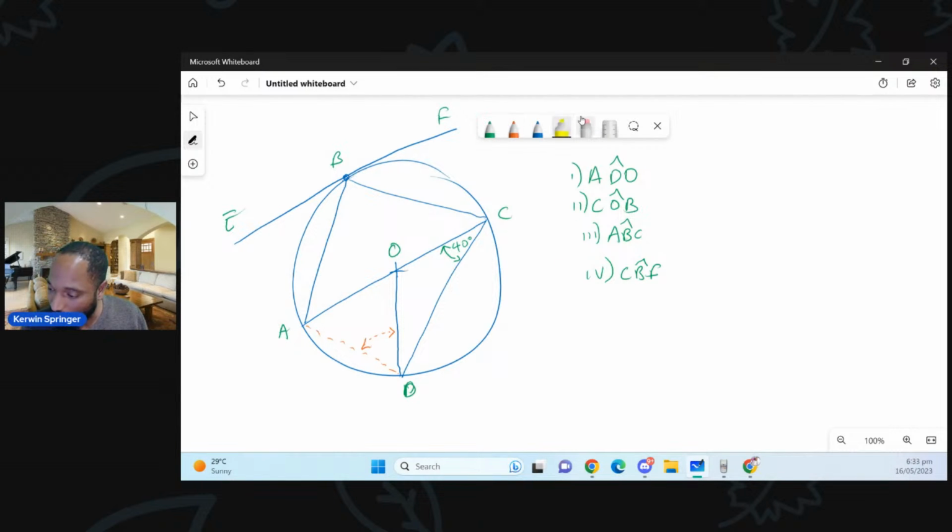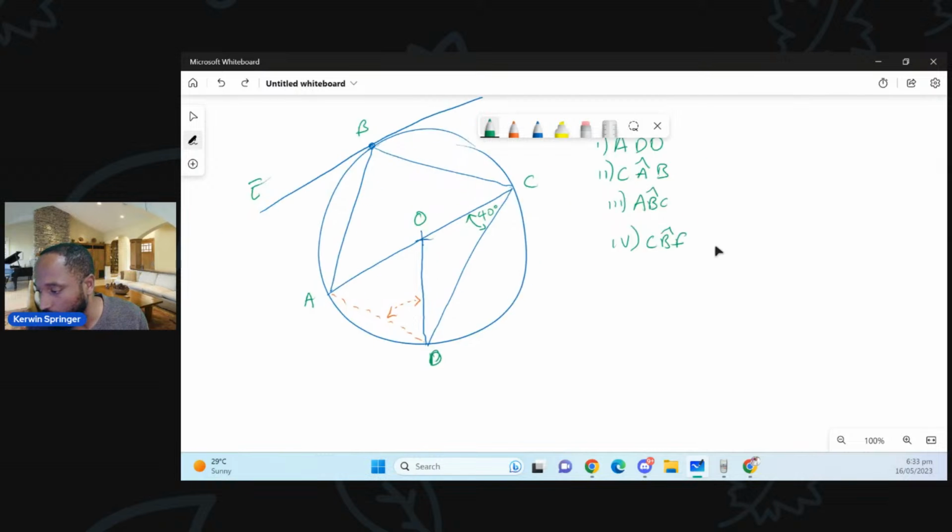And then they want the value of CAB, sorry about that. CAB, then ABC, then CBF. So ADO is this angle here. So what kind of rules can you use to bring out that angle?